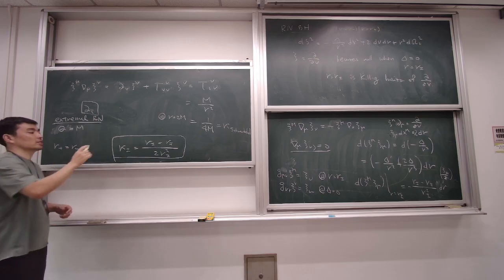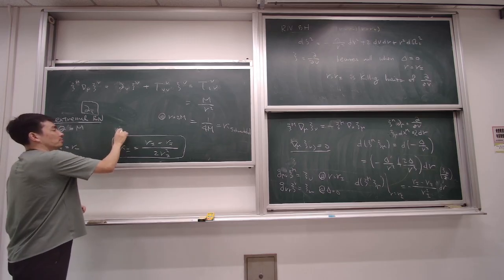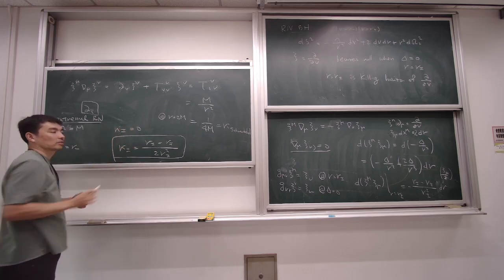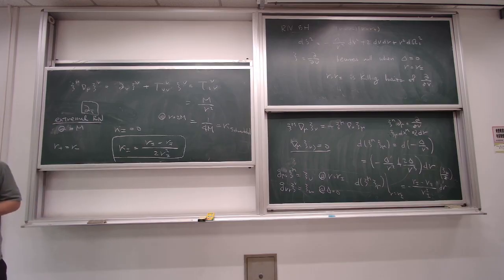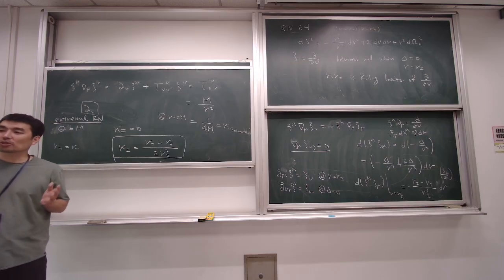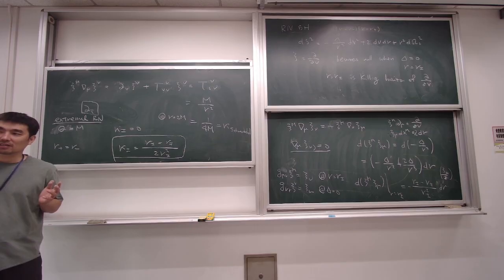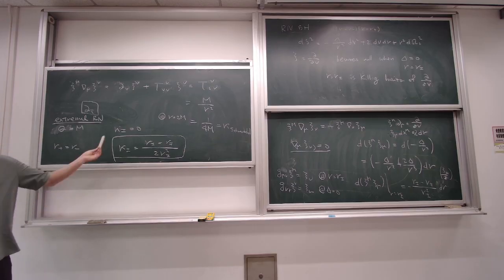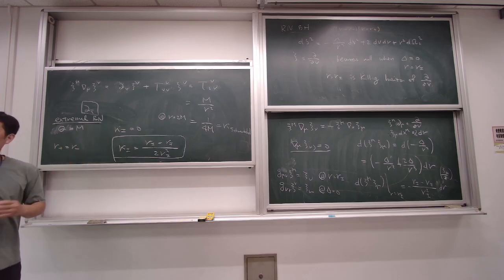So therefore the surface gravity is equal to 0. Always 0. So therefore the temperature is 0. So in the extremal black hole, the surface gravity is 0, which means the temperature is 0. Okay, there is no Hawking radiation.